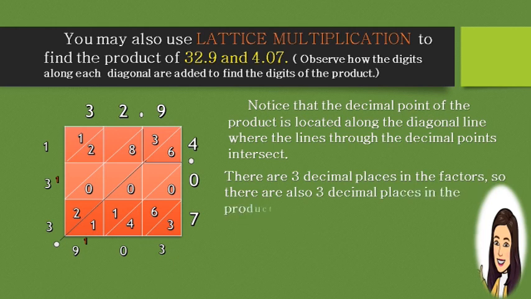There are 3 decimal places in the factors. So, there are also 3 decimal places in the product. Hence, 32 and 9/10 times 4 and 7/100 equals 133 and 903 thousandths.